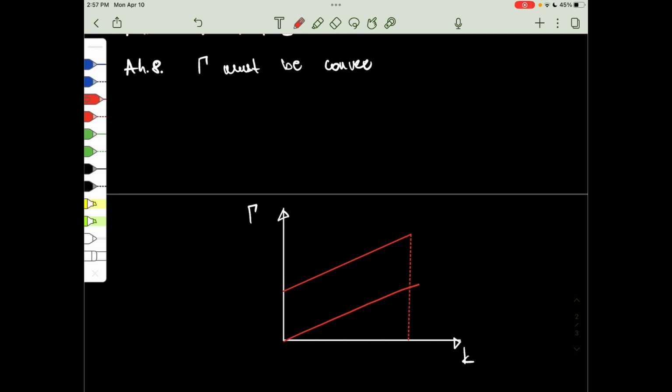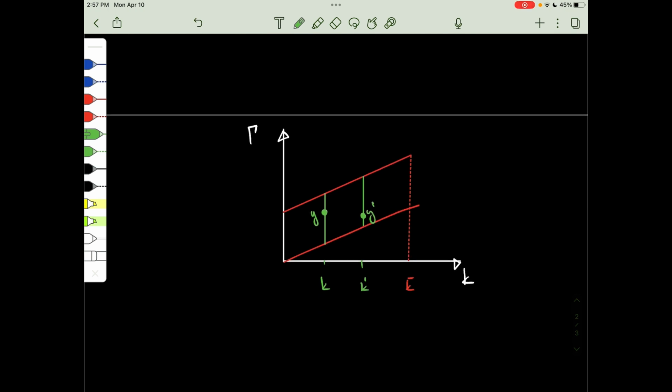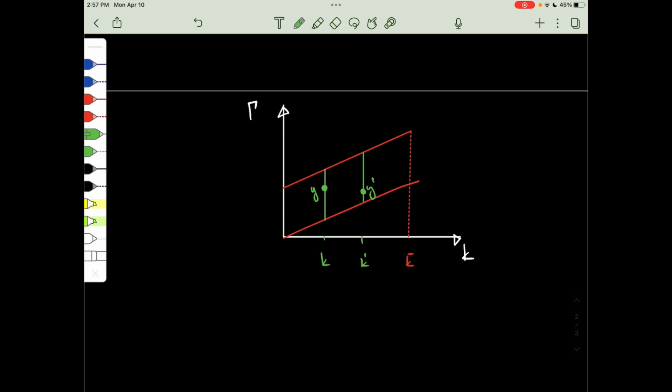This is the maximum level of the capital stock, and let's pick two arbitrary values for the capital stock. These are the correspondences at these levels, and these are the inner points arbitrarily chosen at k and k prime.